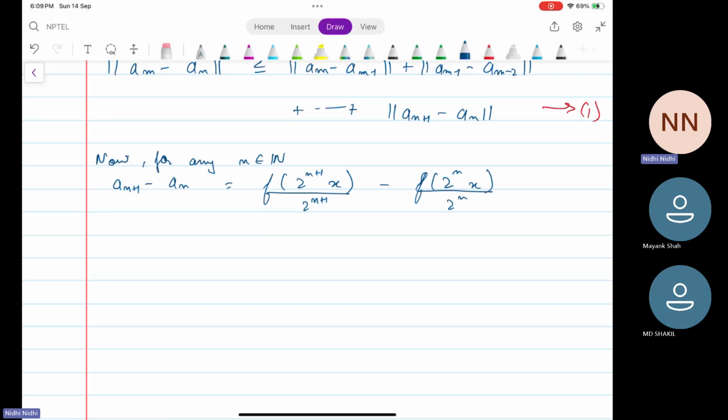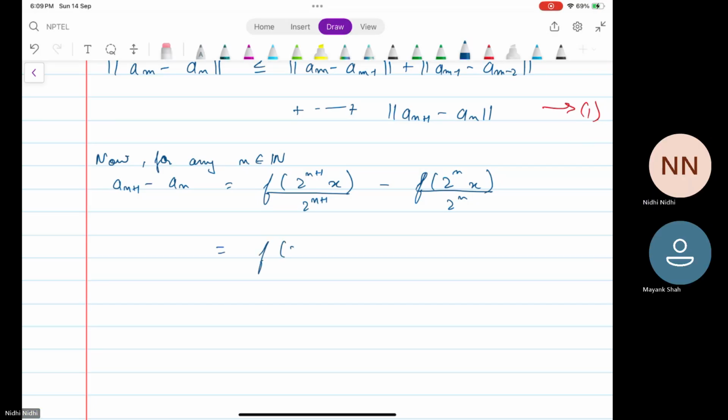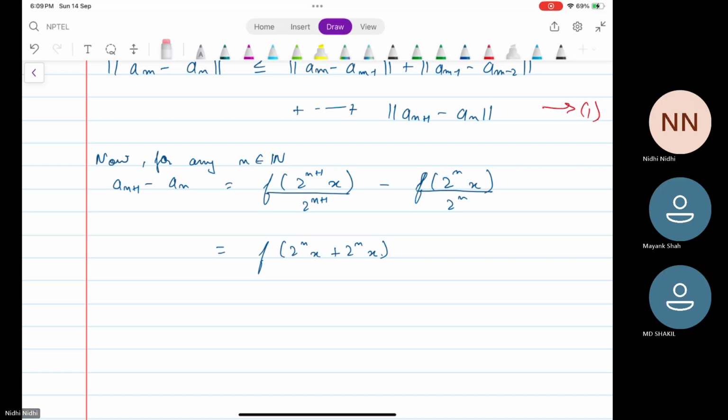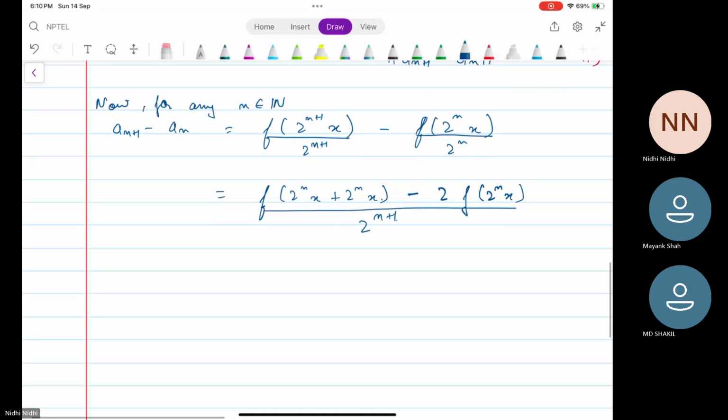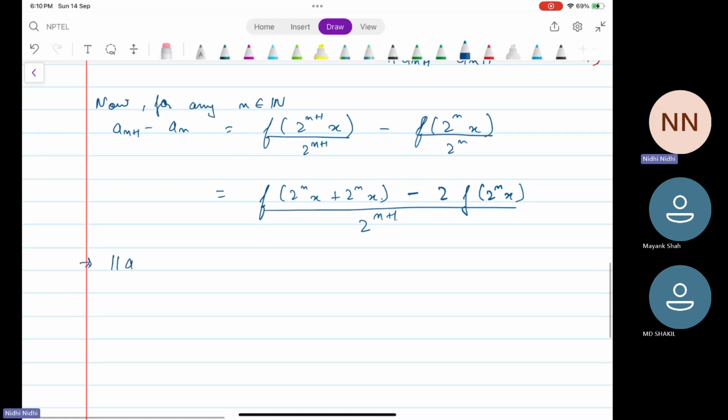And 2^(n+1) x can be written as 2^n x plus 2^n x, and taking the LCM, 2^(n+1), this will be minus 2 times f(2^n x) upon 2^(n+1).